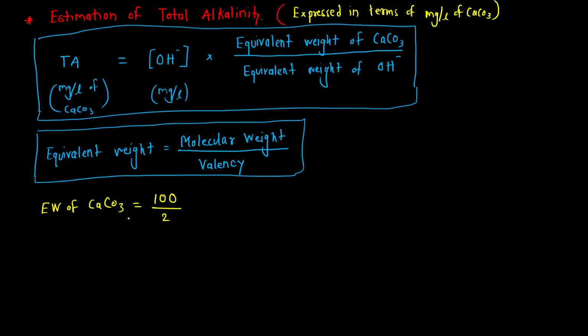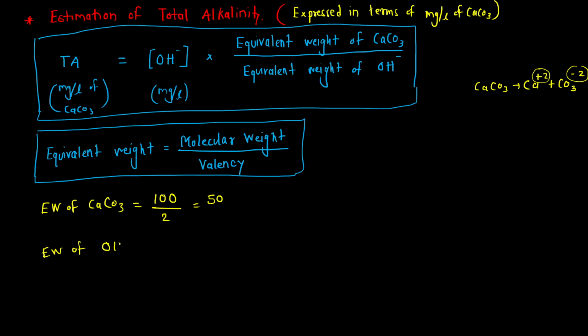So how has this valency come? For this you have to see which type of ion is present. If you see calcium carbonate, it can be dissociated into calcium plus carbonate ion, and this carbonate has a -2 and calcium has a +2 charge. So this +2 or -2 is called the valency. Okay, so this 2 is the valency here. This will be 50.